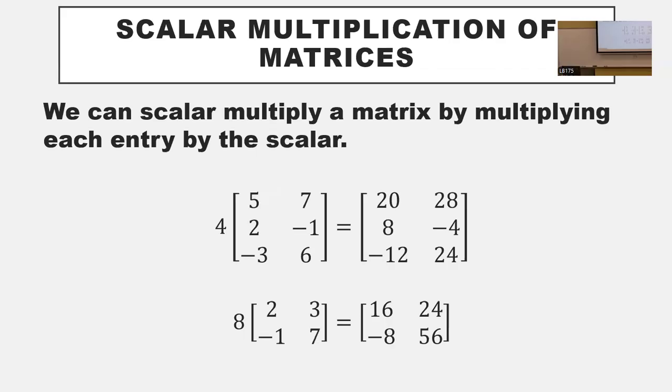And if I take a real number times a matrix, I just take that number and multiply it times every entry of the matrix. So 4 times the matrix 5, 7, 2, -1, -3, 6 gives me the matrix 20, 28, 8, -4, -12, 24.